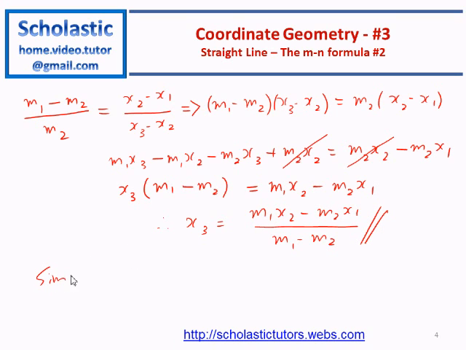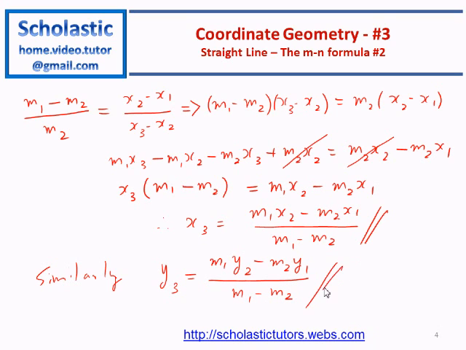Similarly, we can get y3. For y3, just substitute the values of x with y. In this case, M1 x2 becomes M1 y2, minus M2 x1 becomes M2 y1, divided by M1 minus M2, is the answer.